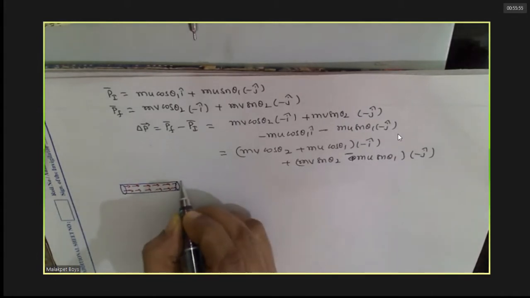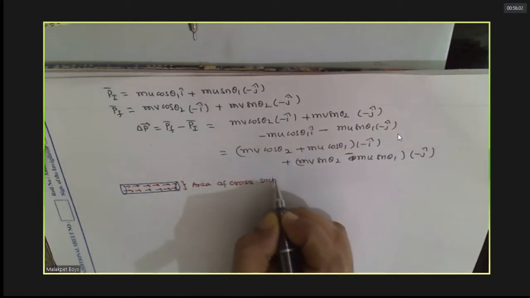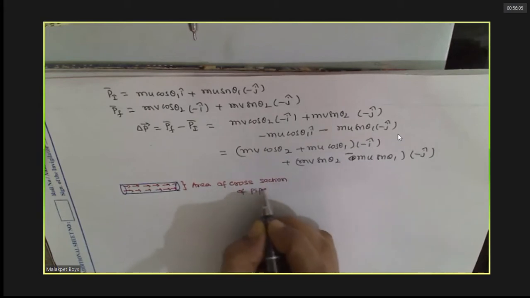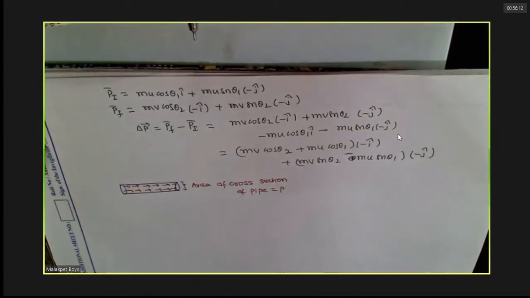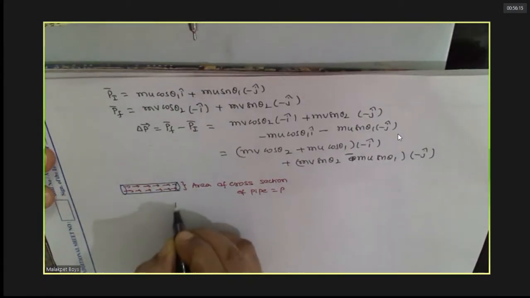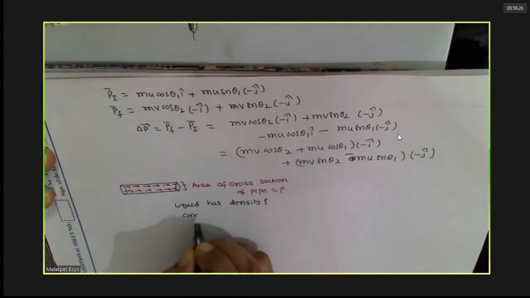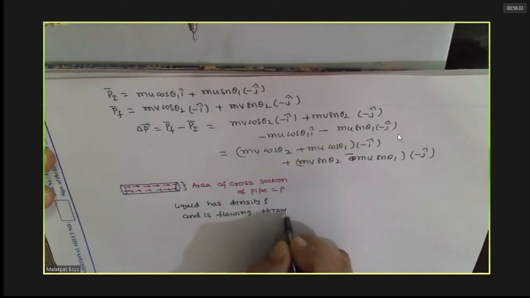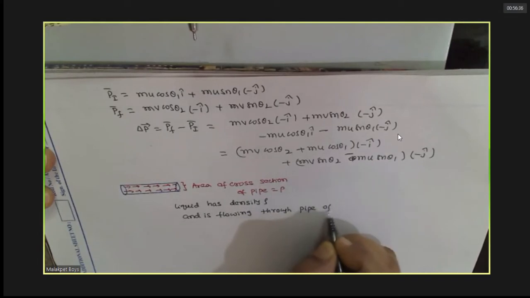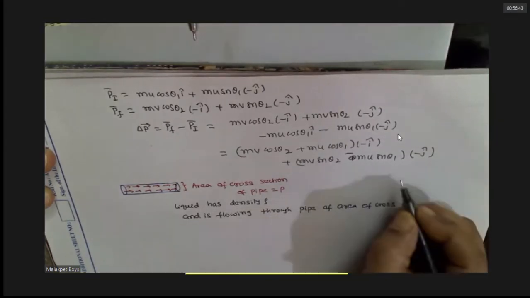The area of cross section is A. Now when it's moving like this, every particle is moving with a speed u. The liquid has density rho.